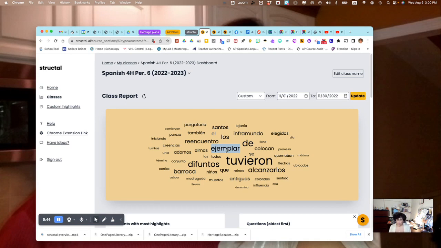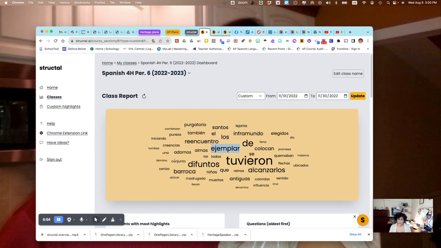So after we discuss this vocabulary, I make sure that I incorporate this vocabulary throughout the lessons within this unit. Okay, I use them as word banks in writing activities.